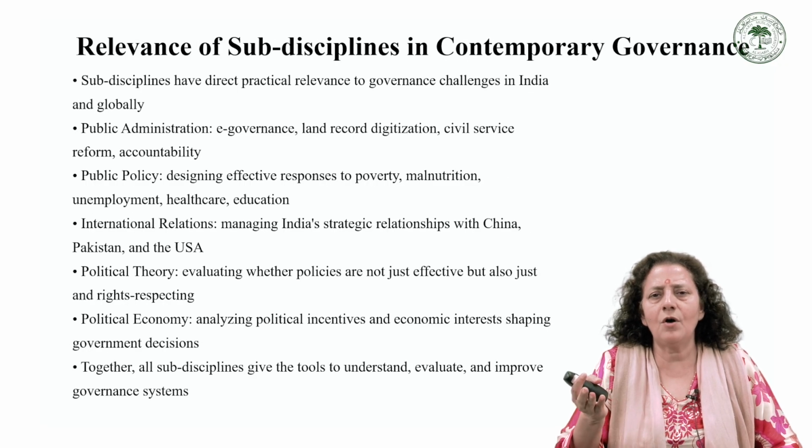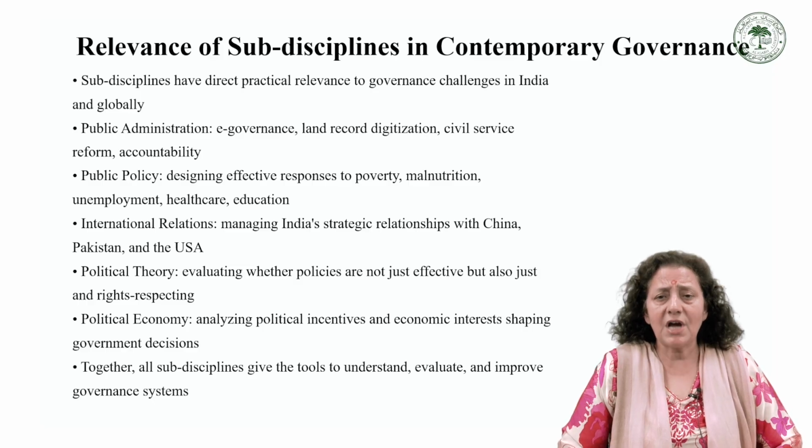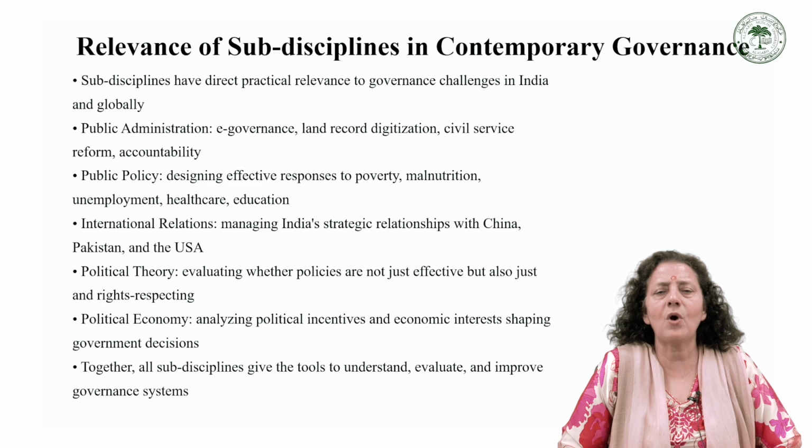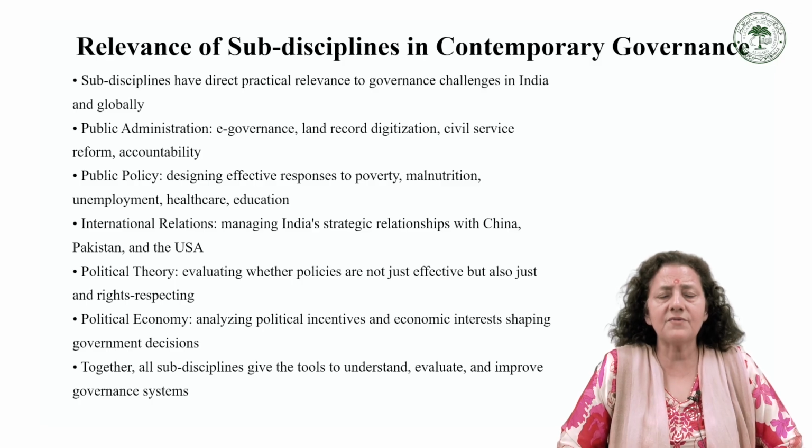The subdisciplines of political science have direct and practical relevance to the major governance challenges of the contemporary world. Consider how different subdisciplines contribute to addressing real challenges in India. Public administration is directly relevant to improving the quality and efficacy of public services, from digitalizing land records and simplifying business registration through e-governance initiatives to reforming civil services through better training and accountability mechanisms.